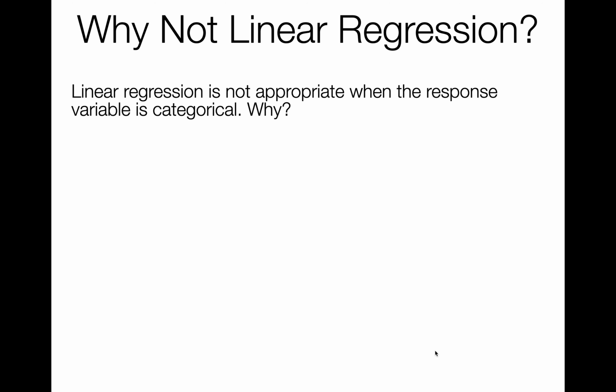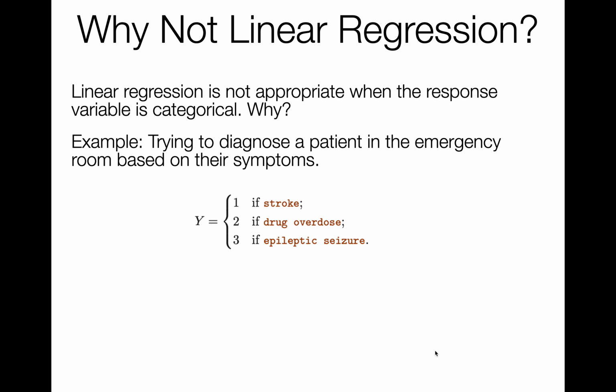And simply, it's not appropriate because the response variable is categorical. Okay, and so on the sort of moral high ground stance, that's why linear regression isn't appropriate. But we have to think of it also practically. Why does it not make sense?